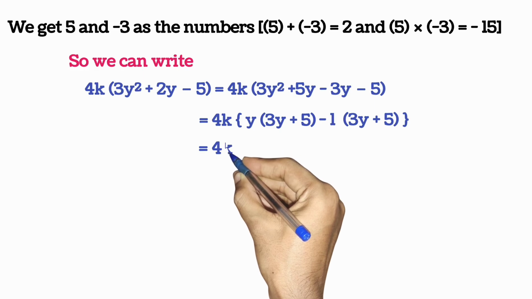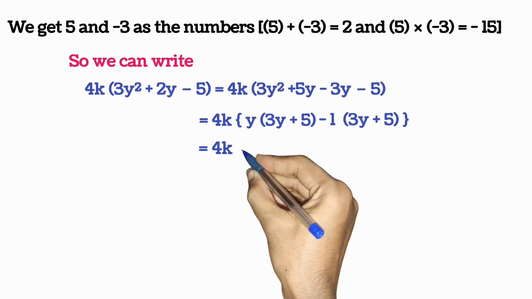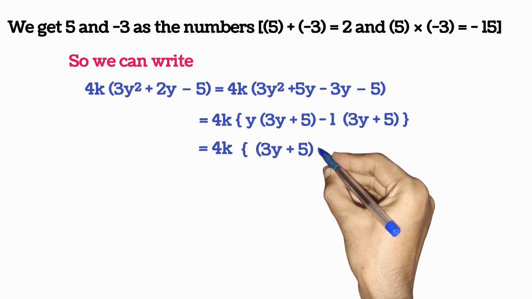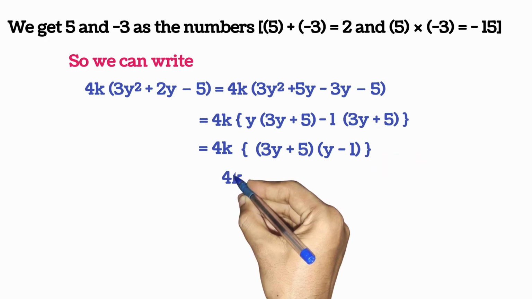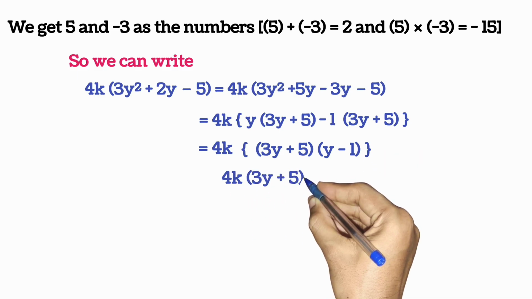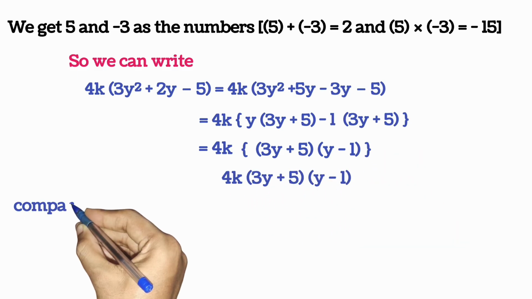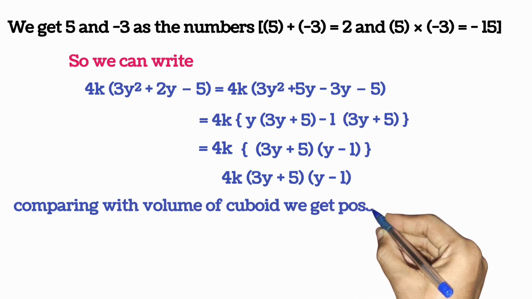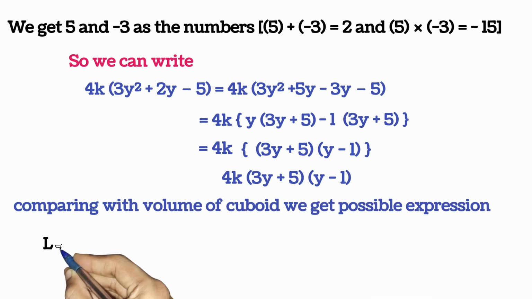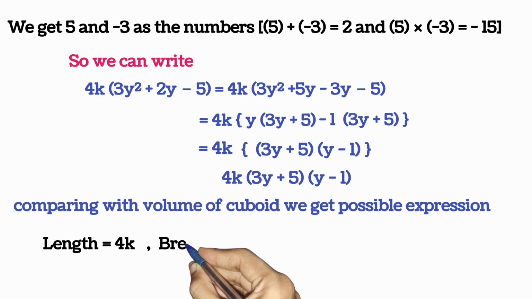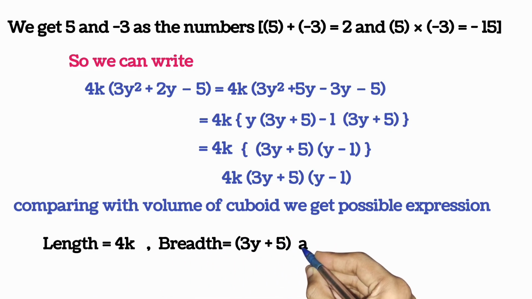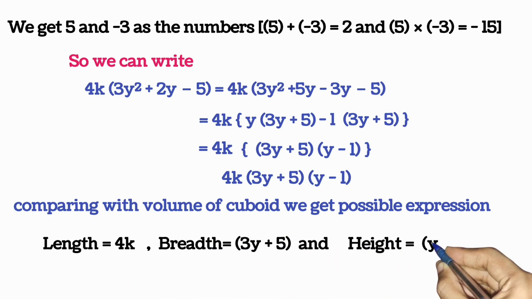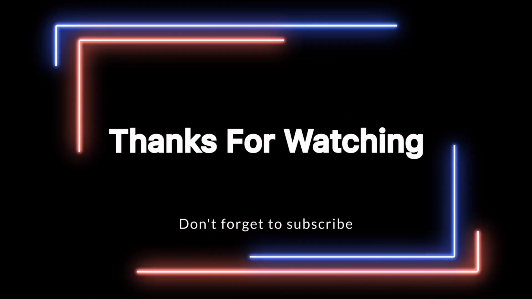Then take 3y plus 5 as a common, we remain with y minus 1, so 4k into 3y plus 5 into y minus 1. Comparing with volume of cuboid, we get possible expression for length is 4k, breadth is 3y plus 5, and height is y minus 1.